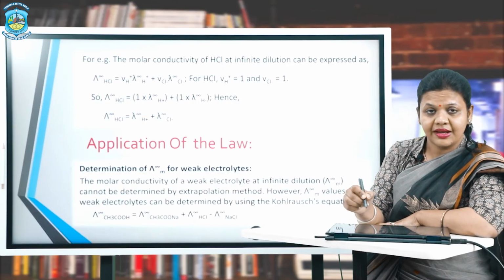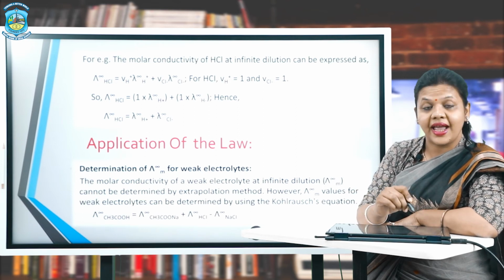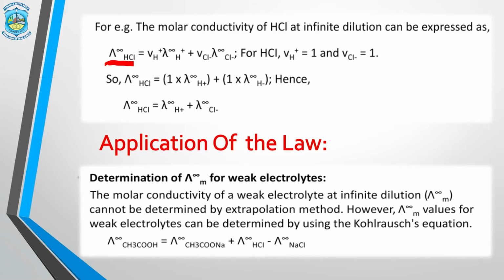So we may say, as an example, the molar conductance of HCl at infinite dilution is given by the sum of the equivalent conductance of hydrogen ions at infinite dilution and chloride ions at infinite dilution. This is basically the Kohlrausch law.